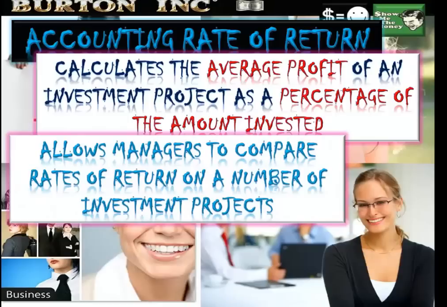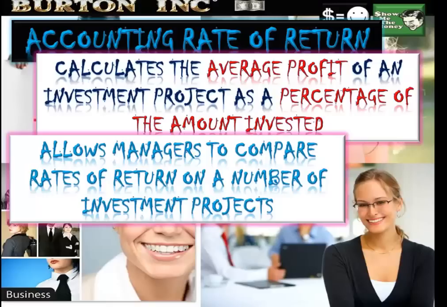Our second method of investment appraisal is called the accounting rate of return. Now this calculates the average profit of an investment project as a percentage of the amount invested. And what it does is it allows managers to compare rates of return on a number of investment projects.